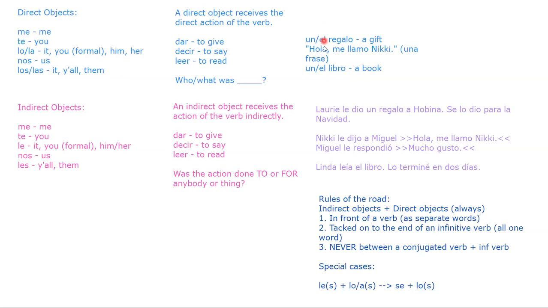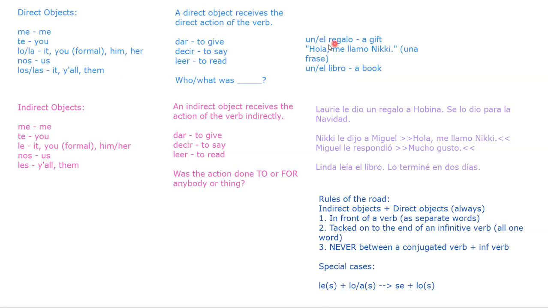So if we have an el regalo, if we have a masculine word where the article is el, it becomes lo in a direct object. If we have a feminine word where the article is la, like la pluma, the pen, then it becomes la as a direct object. Same thing if it's plural.